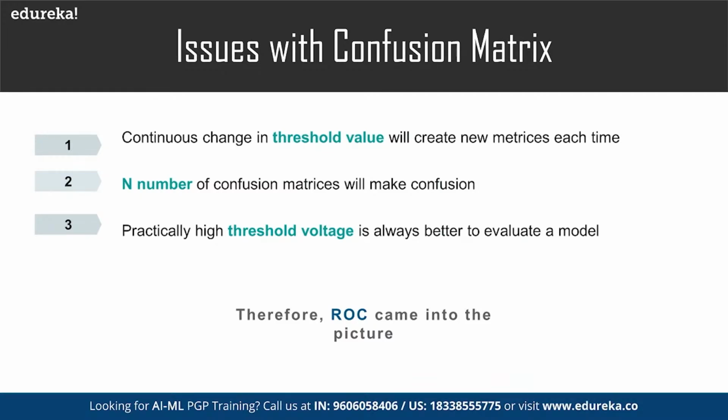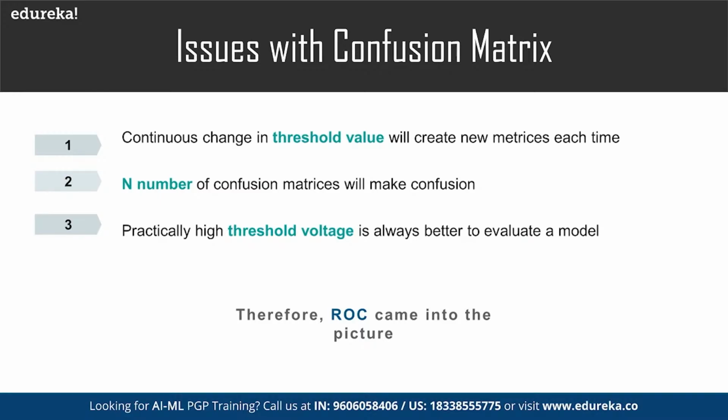And here, coming to the confusion matrix, the continuous change of threshold value will create new metrics each time. This is quite challenging, so that is why the confusion matrix actually fails, I would say. When we do not have such a scenario in place, we do not worry about it, so we go on to use the confusion matrix.